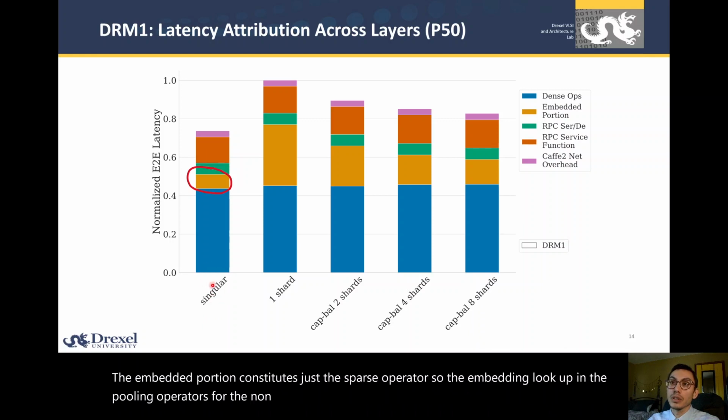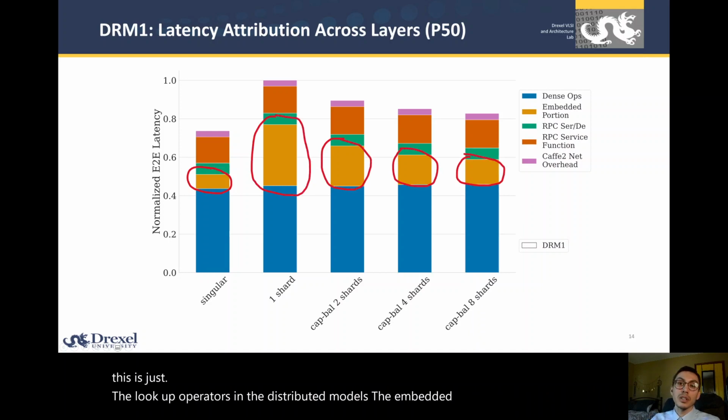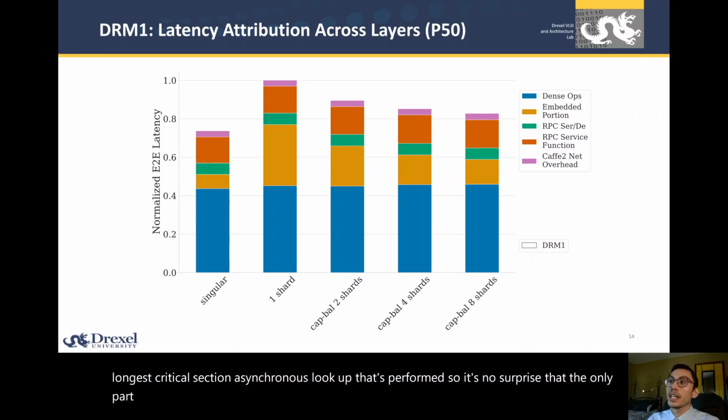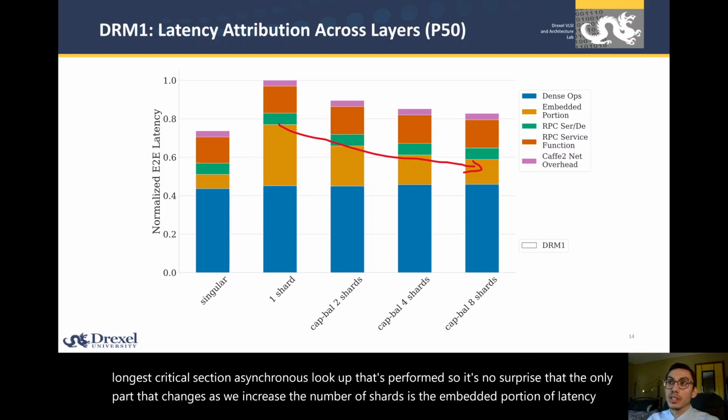Singular is when it's not distributed at all, so this is just the lookup operators. In the distributed models, the embedded portion represents the longest critical section, the asynchronous lookup that's performed. So it's no surprise that the only part that changes as we increase the number of shards is the embedded portion of latency, which decreases as more work is parallelized.